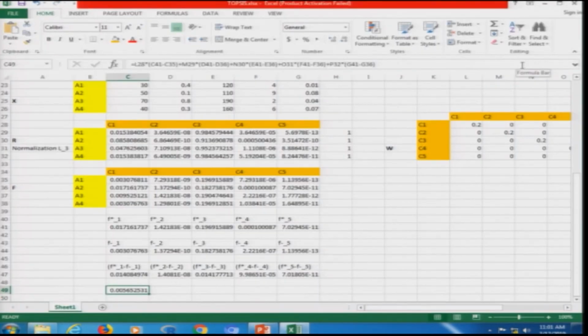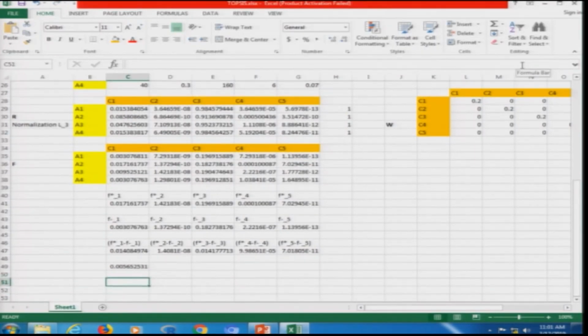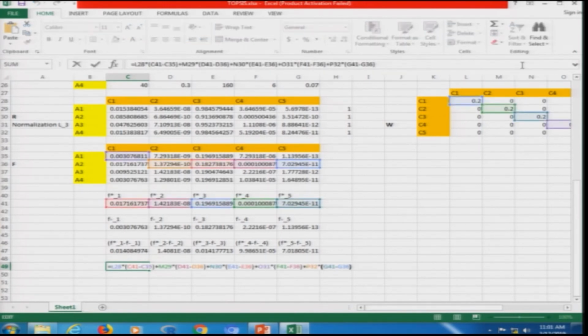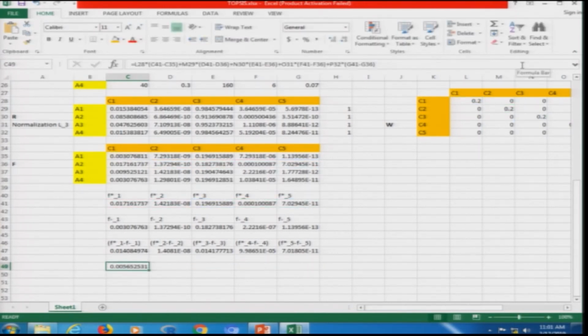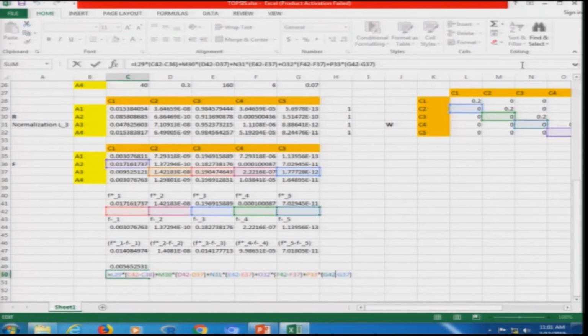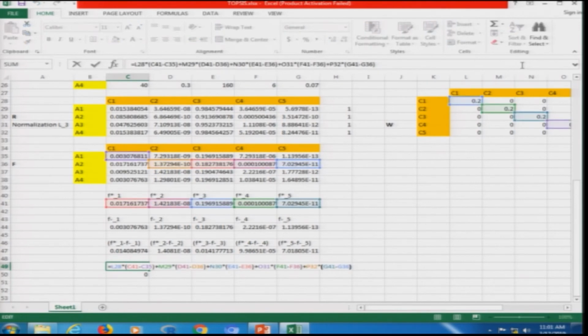Similarly, I need to find out the corresponding values. So, the values are being calculated. So, I need to copy them. So, once I copy them, the weights are to be fixed because they are not changing.